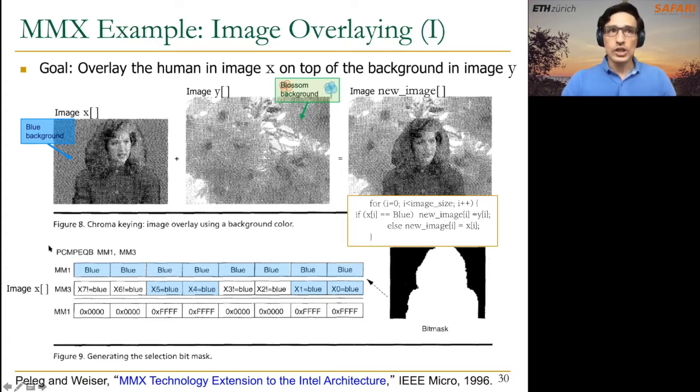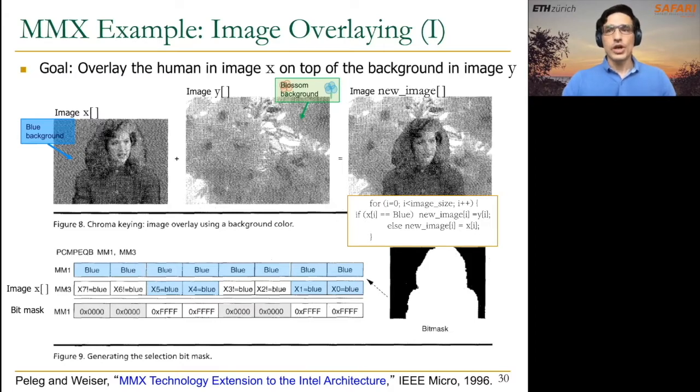Using this instruction, which means packed compare byte, we compare one by one, and the output will contain zeros or ones. This is our bit mask that we are going to use in the subsequent computation.